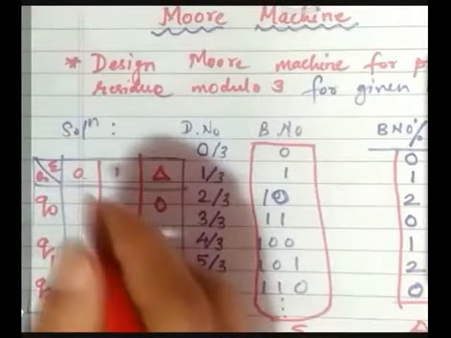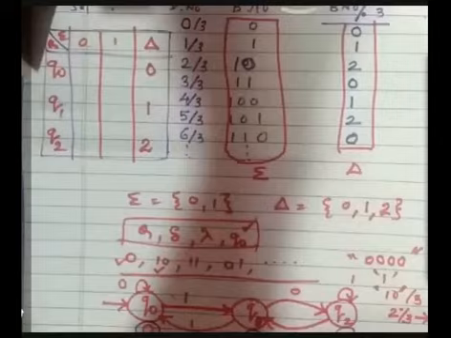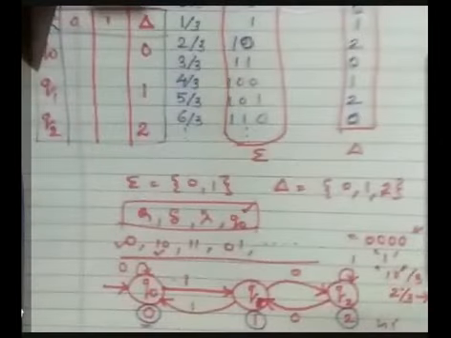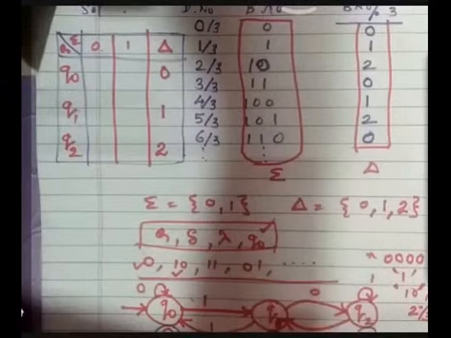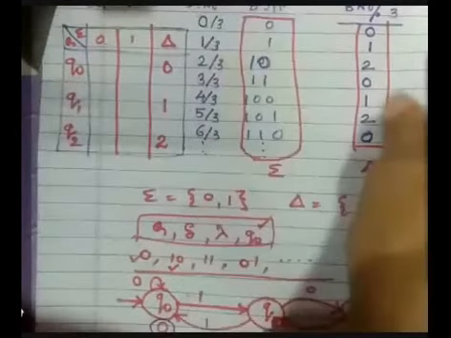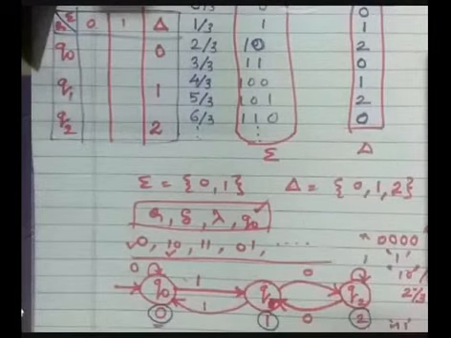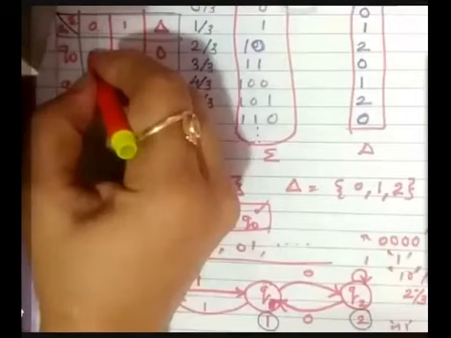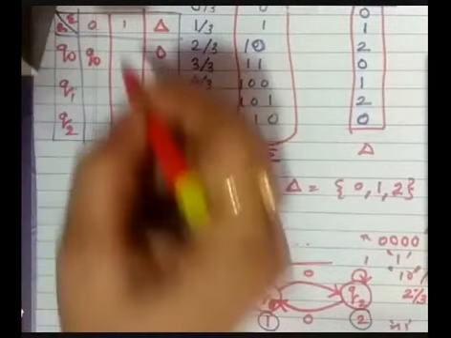Looking at this machine, I hope the machine is visible. Okay, so the machine is visible. Q0 on 0 moves to Q0. I'm writing here, Q0 on 1 moves to Q1.